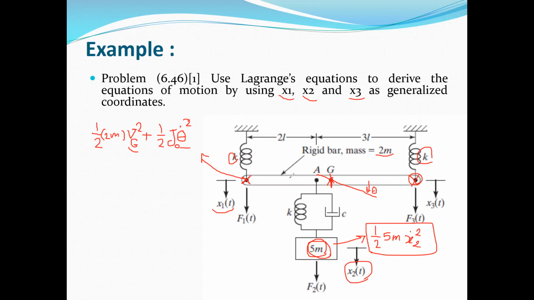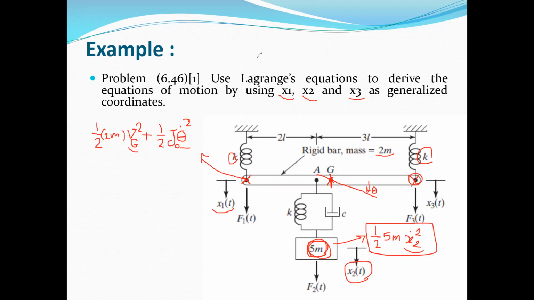And also from the geometry, we can write a relation between theta and x1 and x3. So by using this geometric relation, we can write theta dot and Vg as a function of x1, x2, and x3. And the kinetic energy for this particle 5m is a function of x2, so it doesn't need any change.